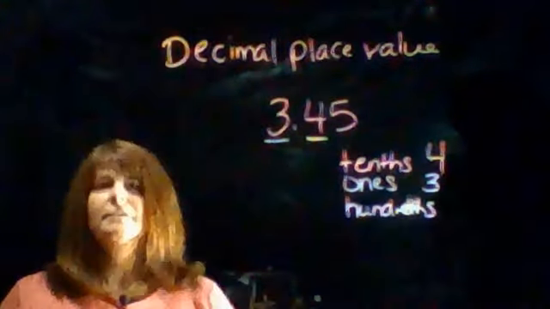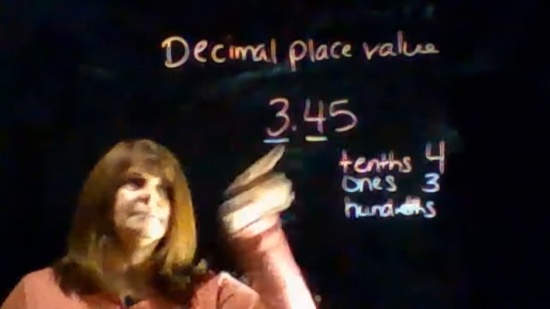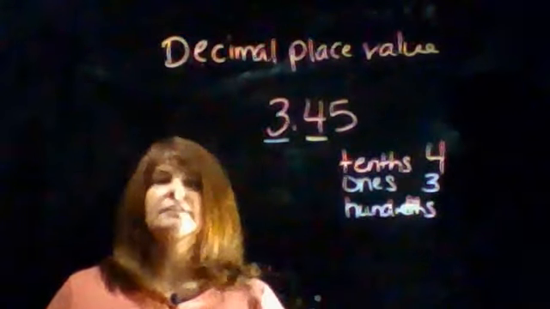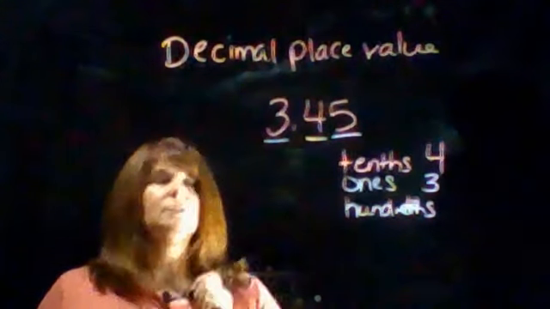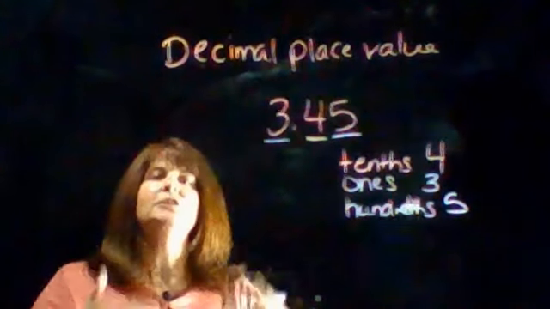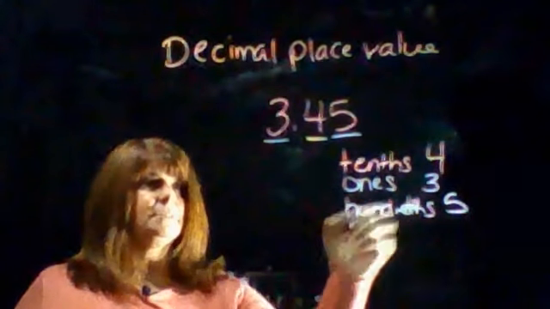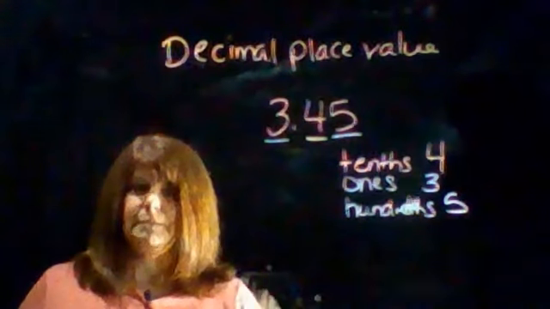Tenths, hundredths. So that's 2 places to the right of the decimal. So you would look up there and you'd go, hey, that's 5. So if I ask you which place value something is in a decimal, you should be able to tell me what number falls in that place.